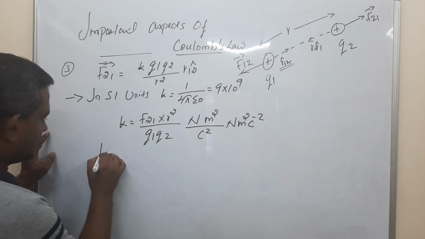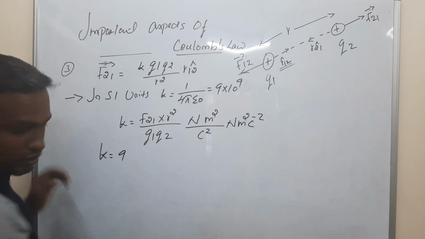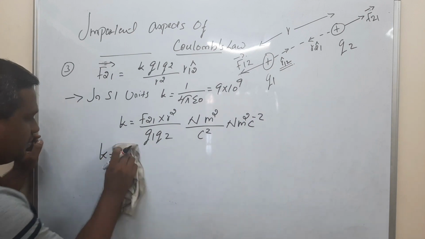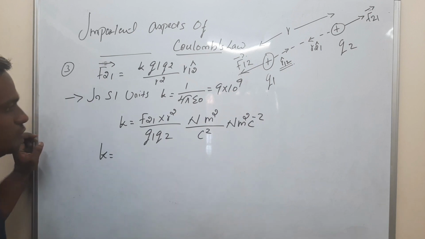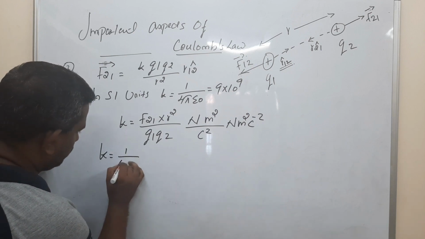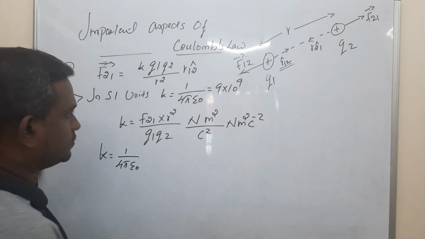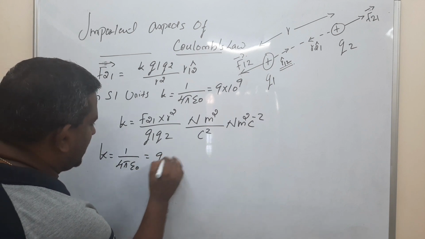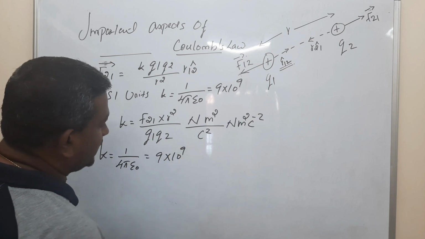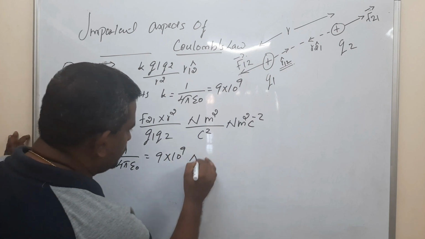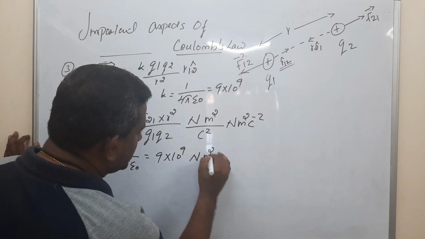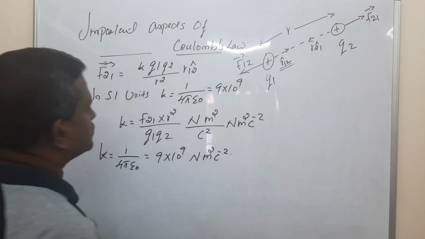Always remember that k is equal to 1 by 4 pi epsilon 0, which is equal to 9 into 10 to the power 9 Newton meter square per Coulomb square.